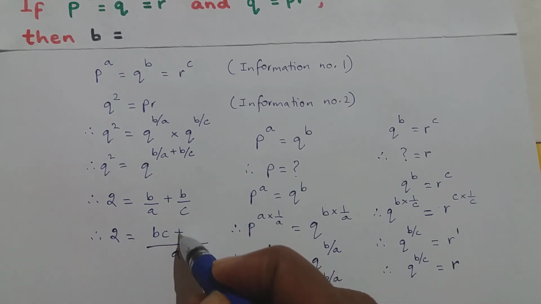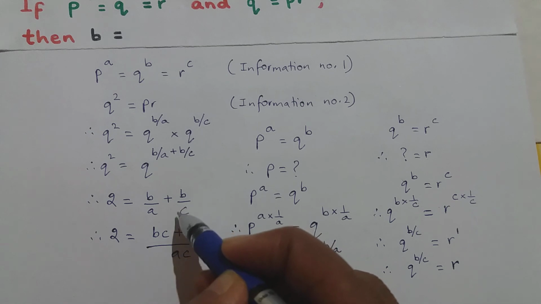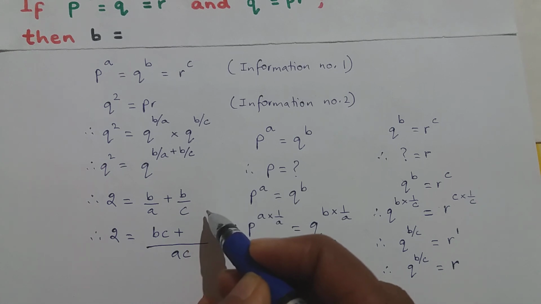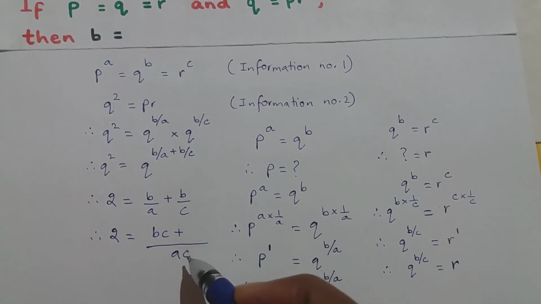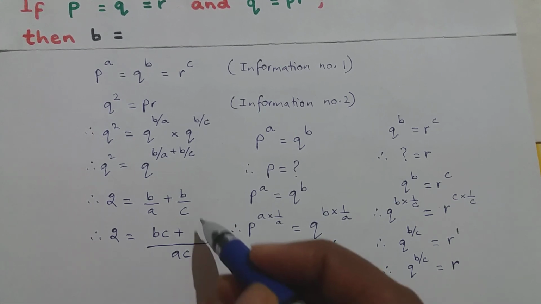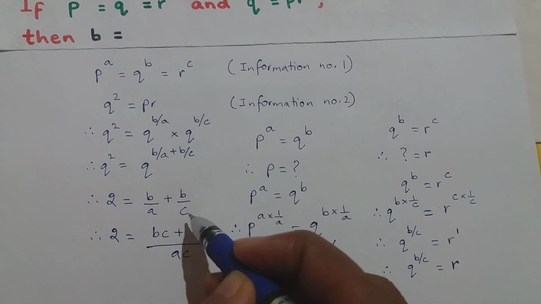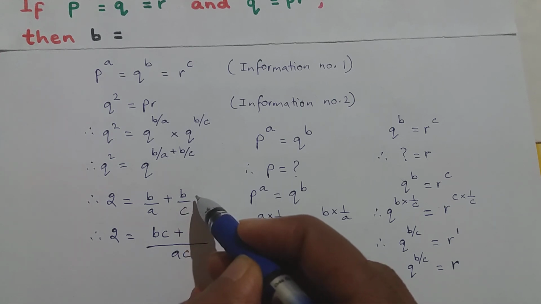plus b by c. Now here the denominator is c and my LCM is AC. So c into a is AC. Since I am multiplying the denominator with a, I will multiply the numerator also with a.